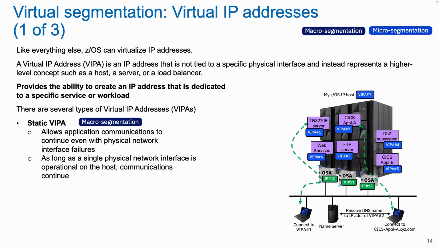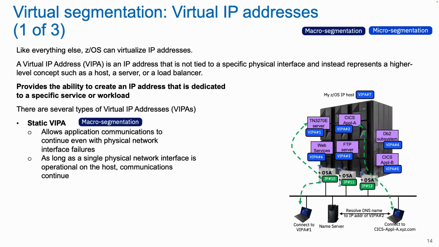So if you have a workload running on that specific system, you can segment based on that IP address. If you give users only access to that static VIPA, they're not able to access anything else in the network. They're only able to access the applications on that system. So it provides the ability to do this kind of segmentation at a larger level on a system basis.